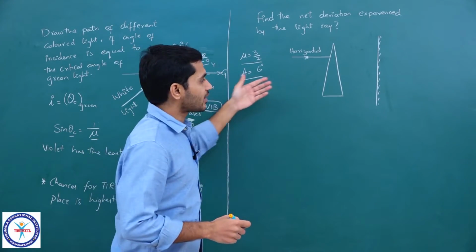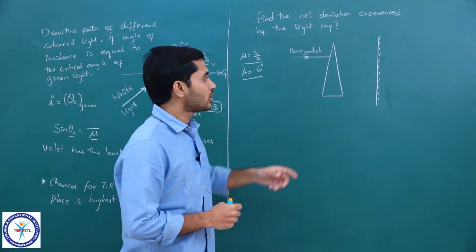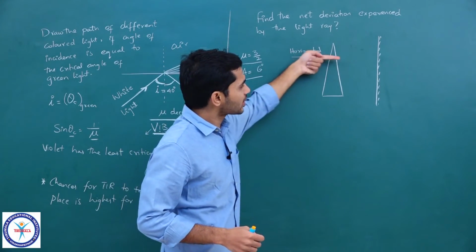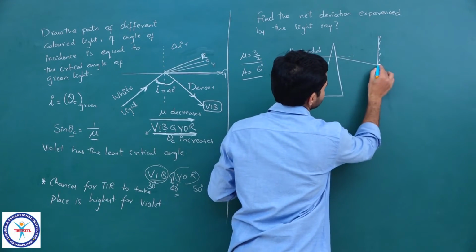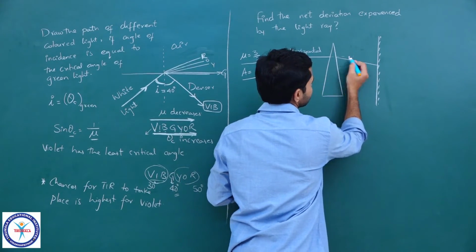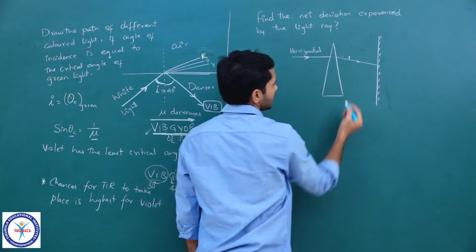So, let us see it step by step. We know that whenever a light ray is undergoing such successive steps, we will have to analyze one by one, right. So, first as it passes through, this is the initial direction of the light ray, we can say that it bends, it deviates by some angle, correct. So, let us calculate what that angle is.